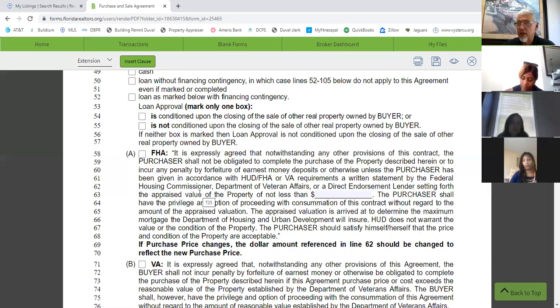Okay. I have seen agents put in other terms and conditions that the seller agrees to reduce the purchase price to the appraised value if the appraised value is not above the current purchase price. Put it right in the other terms and conditions. That's an automatic then. That's another line. No, that's a line that you can add in the other terms and conditions. Other terms and conditions is one of the last paragraphs in the contract.